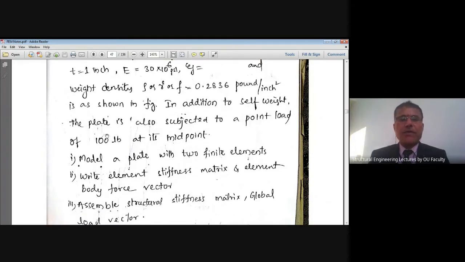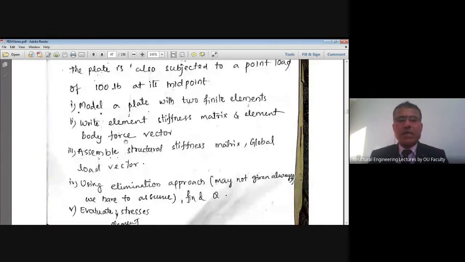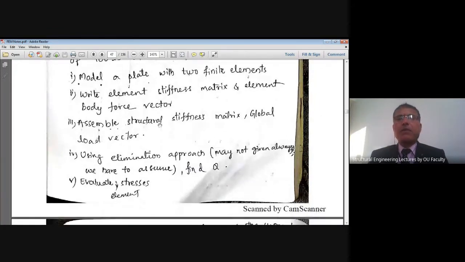In addition to the self weight, the plate is also subjected to a point load of 100 pounds at its midpoint. What is asked is: first, model the plate with two finite elements; second, write the element stiffness matrix and element body force vector.